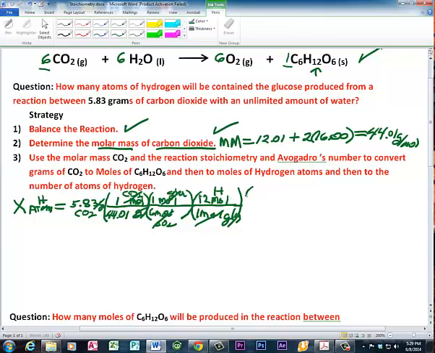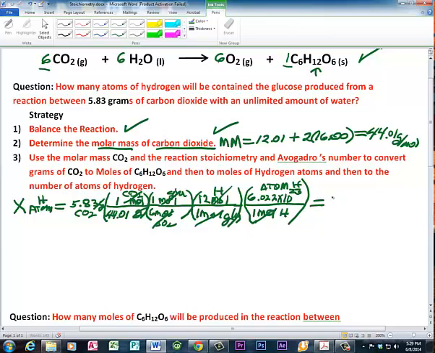Now, finally, last step in this particular method, that was an ugly parenthesis, is to go from moles of hydrogen to how many hydrogen atoms there are in 1 mole of hydrogen, and that's Avogadro's number, 6.022 times 10 to the 23rd atoms of hydrogen in 1 mole of hydrogen. And that allows me to cancel moles of hydrogen.